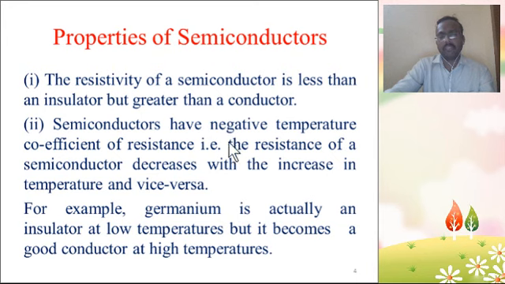It means the resistance of the semiconductor decreases with the increase in temperature, and vice versa. For example, the germanium material is actually an insulator at lower temperature, but it becomes a good conductor at a high temperature.